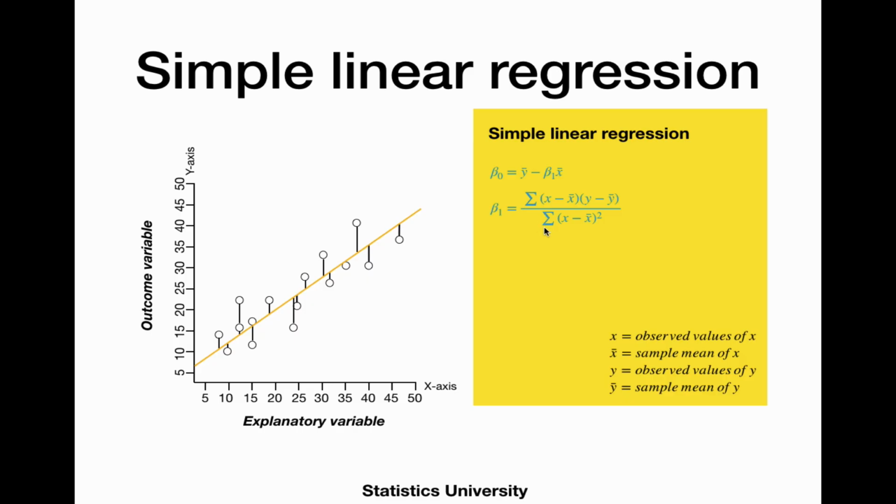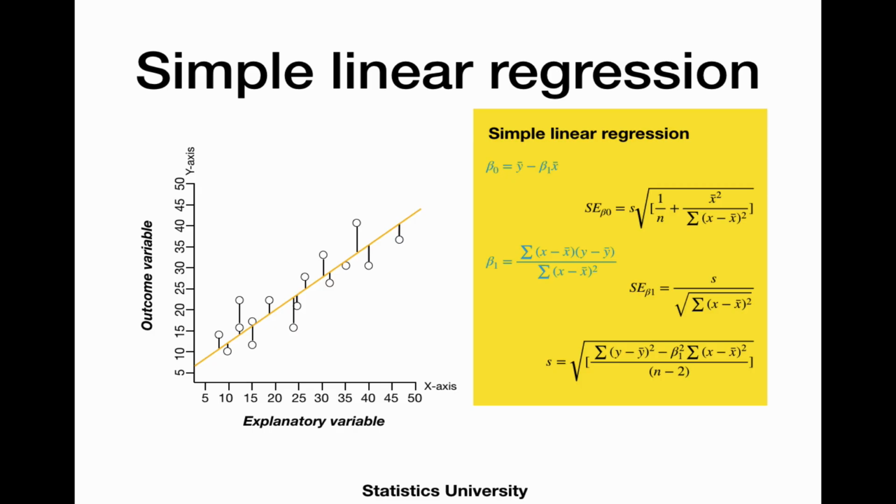And we would divide it by the sum of squared residuals of x values. And of course there are standard errors here as well as a standard deviation that you can calculate for the simple linear regression. You probably will never do this by hand, and you will use statistical software to do it for you.